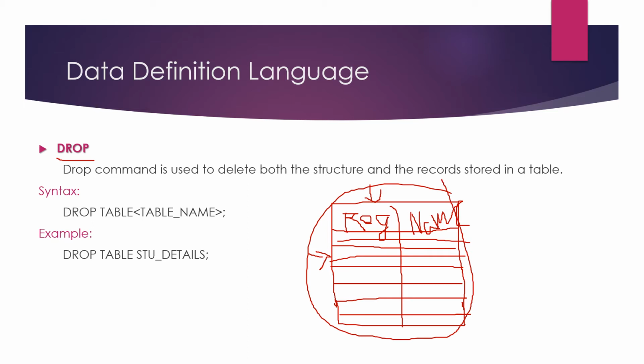Structure means register number, name, all the field names and all the details of the particular table will also be deleted when we use the drop query. So here is the syntax: drop table table name, and the example is drop table student details. Here we are deleting the structure and the records of the student details table.